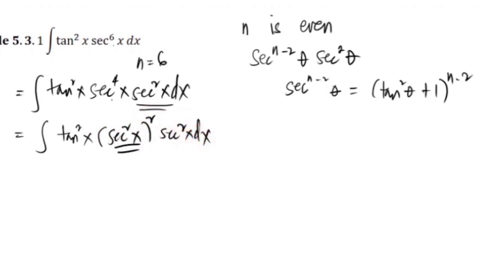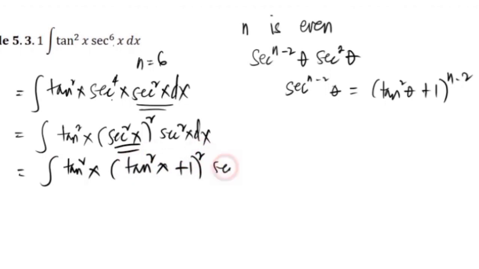And this secant squared x ay i-express natin in terms of tangent squared plus 1. So we would have the integral of tangent squared x times tangent squared x plus 1 squared secant squared x dx.